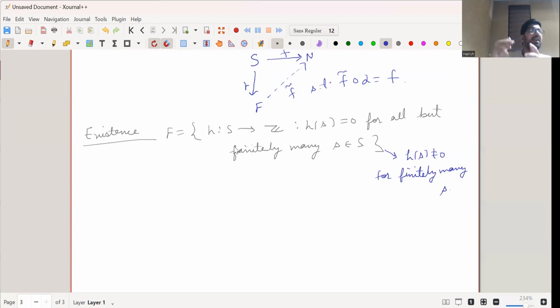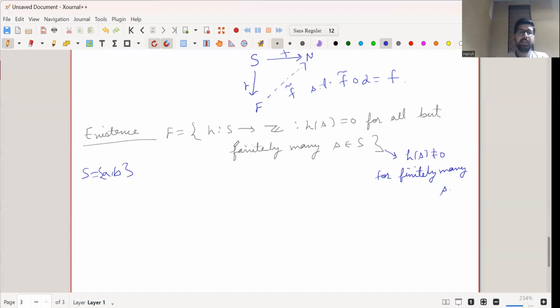So you can also take it as a collection of finite strings over the set S, say S equal to {a, b}.